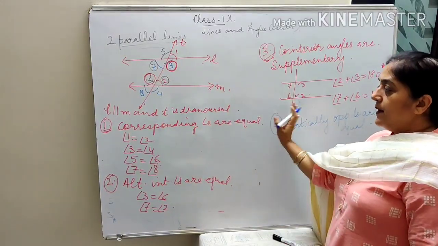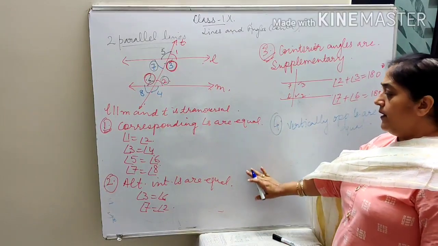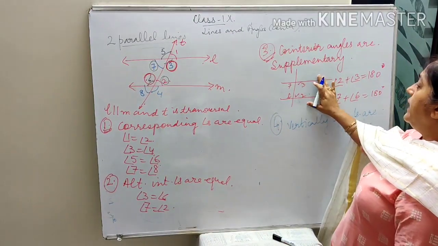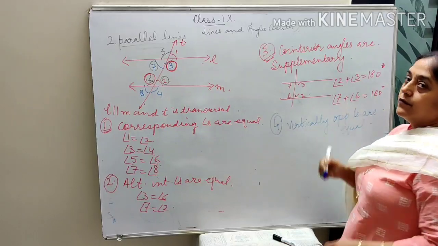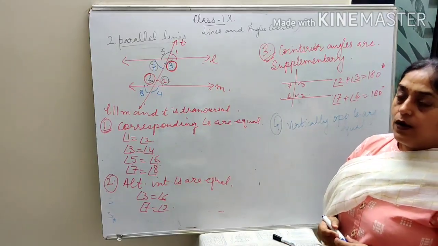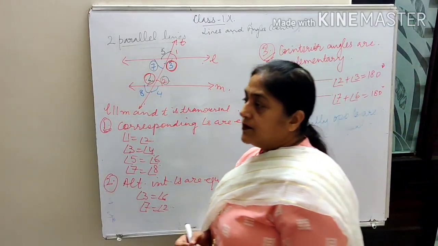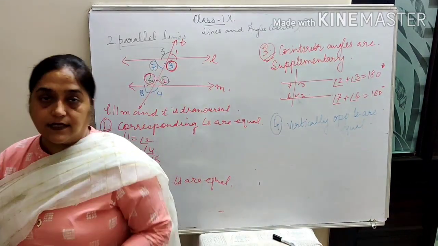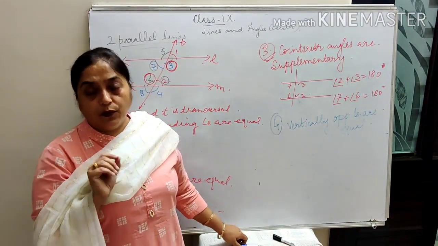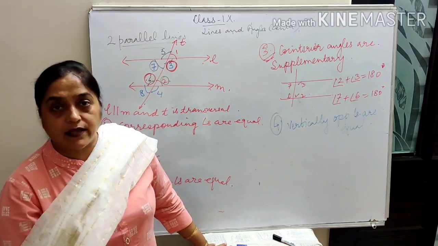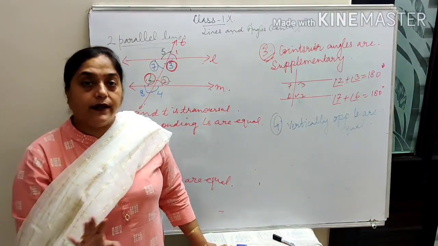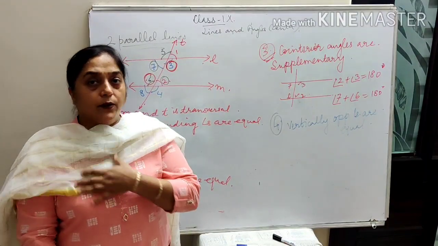So there are many pairs of corresponding angles, 4 pair, alternate 2 है, और co-interior are 2 pair. Right? On the basis of this topic, I am going to start with exercise 6.2. The proof of any theorem, these axioms or theorems, is not in your syllabus. So I am not doing it.